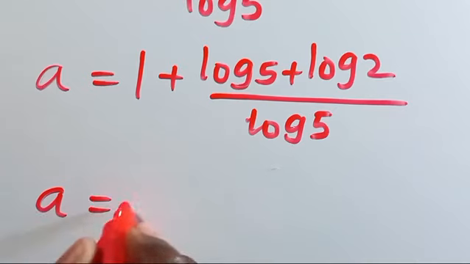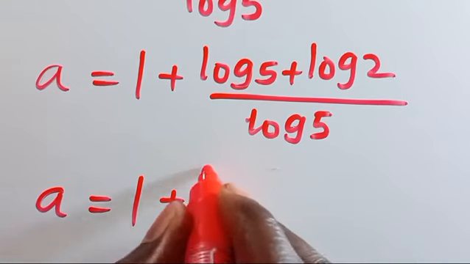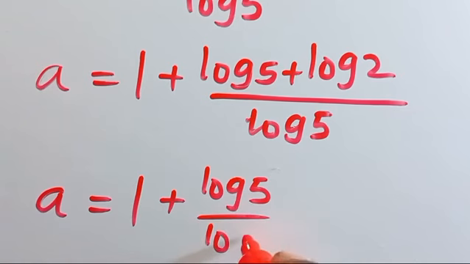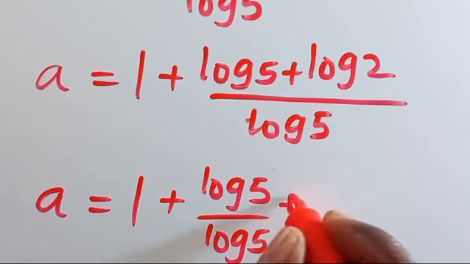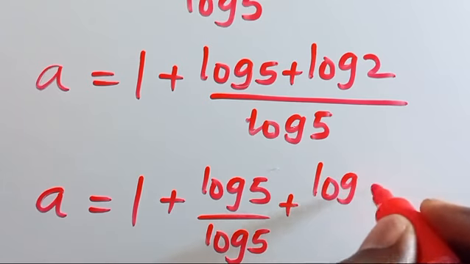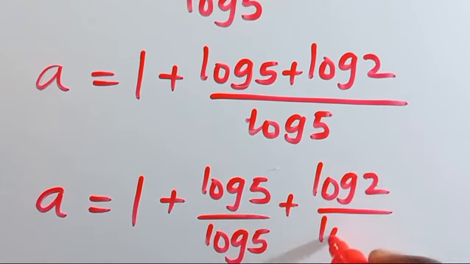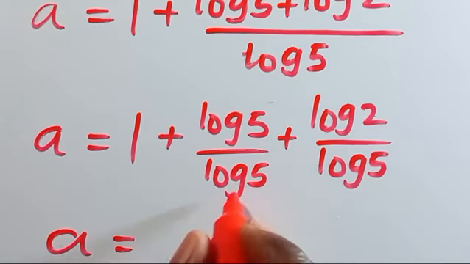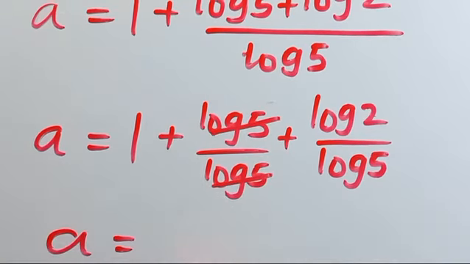So a equals 1 plus log 5 divided by log 5, plus log 2 divided by log 5. When log 5 divided by log 5, it will be 1.